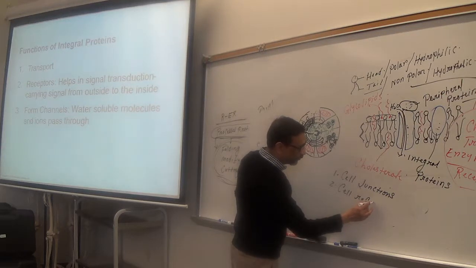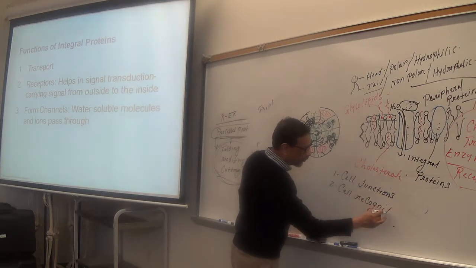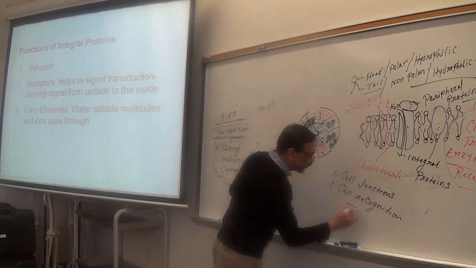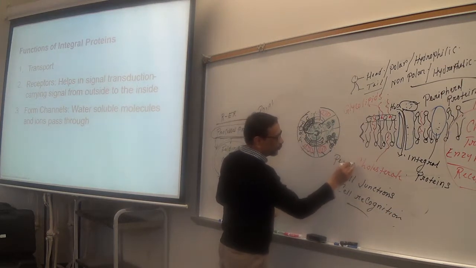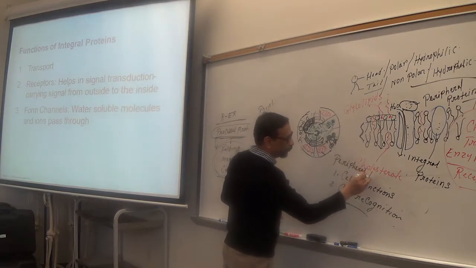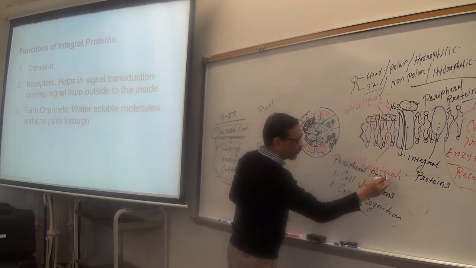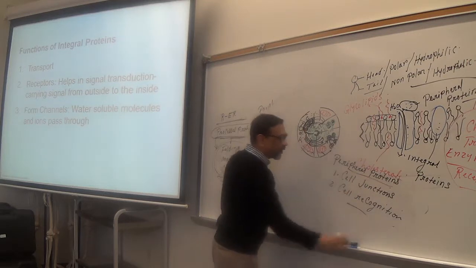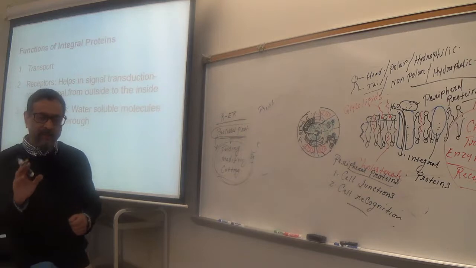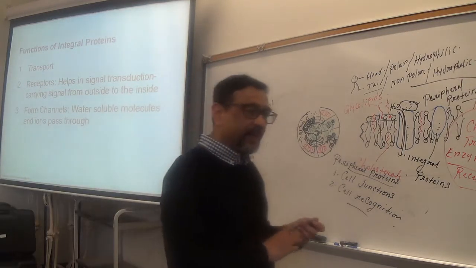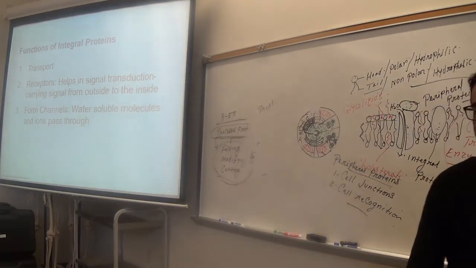Very important. So those two just write down: peripheral protein. Okay, peripheral proteins. Cell junction, form cell junction, and help in cell recognition. Okay.